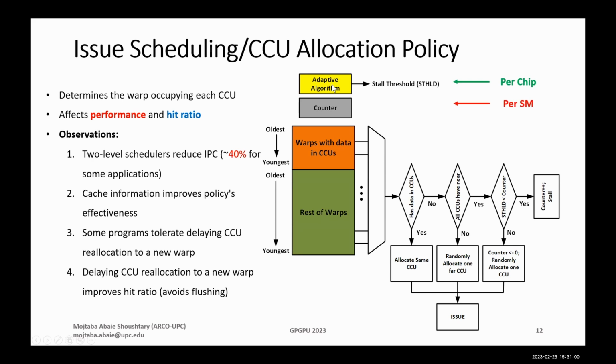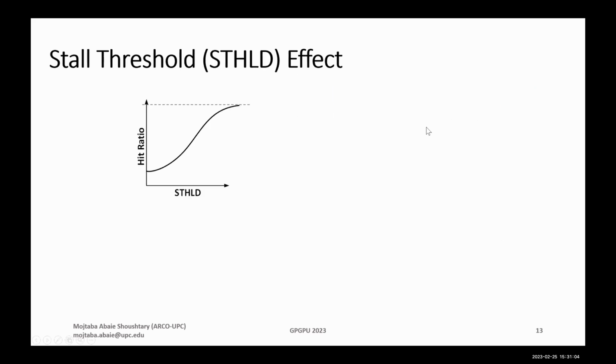So the adaptive algorithm is per SM, per chip, and the counter is per SM. Based on the expected behavior of the STHLD, the hit ratio and the STHLD, we have such a curve in our minds.